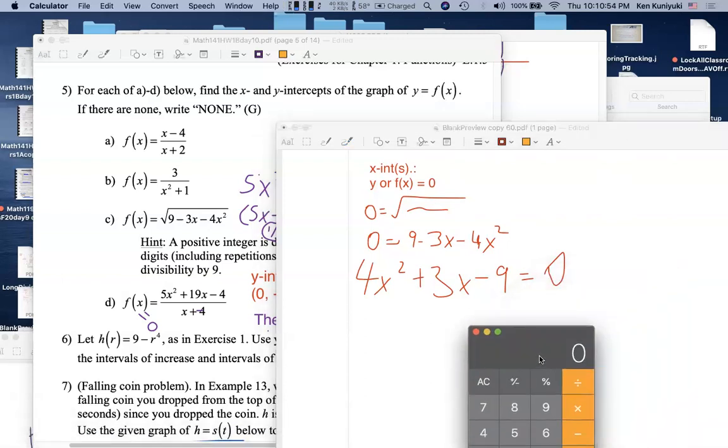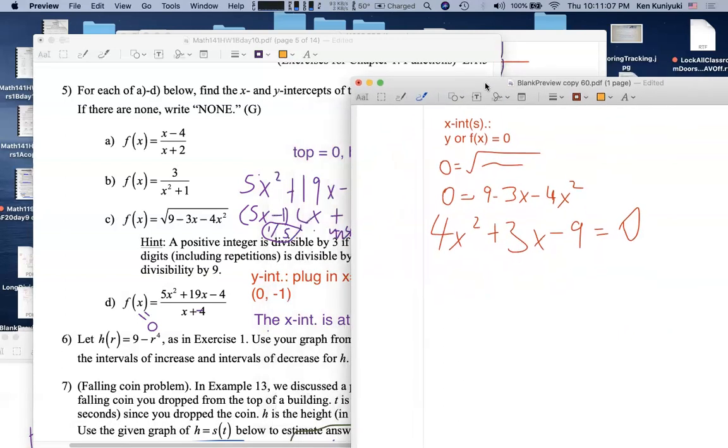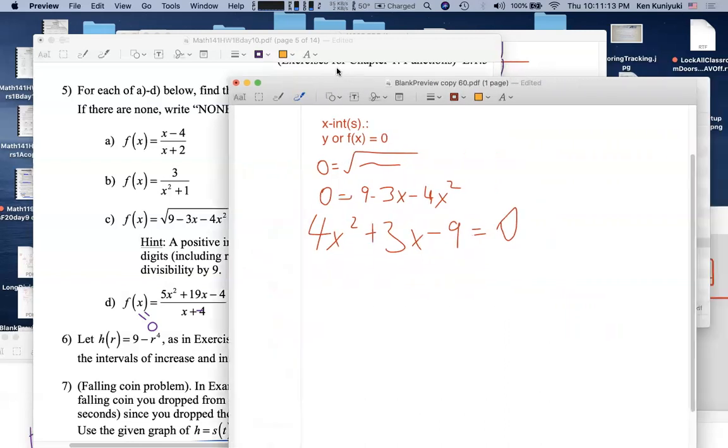It's 153. The discriminant is 153. So we have to use our old friend, the quadratic formula.